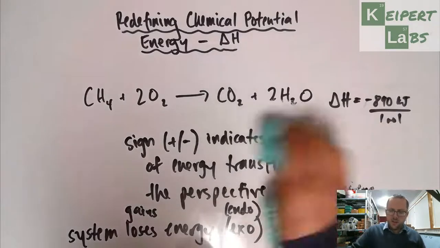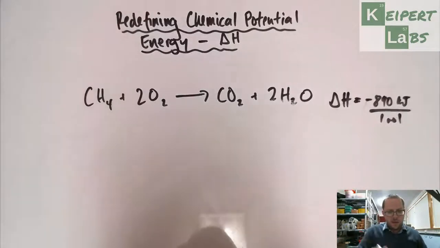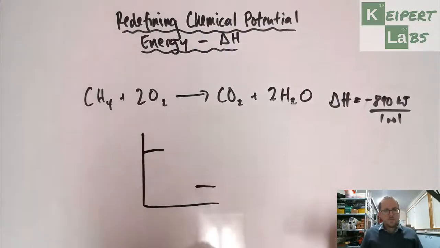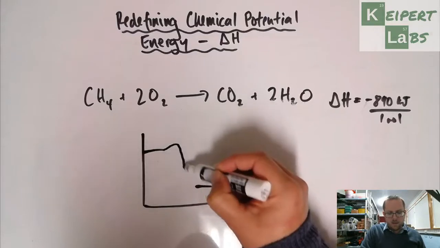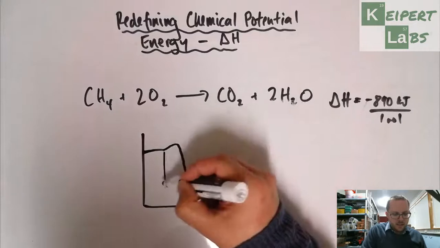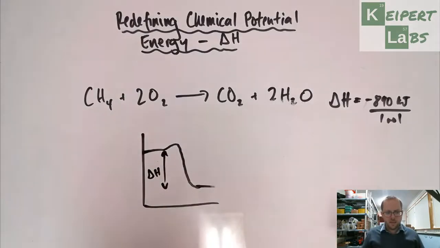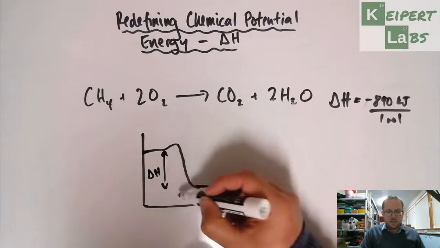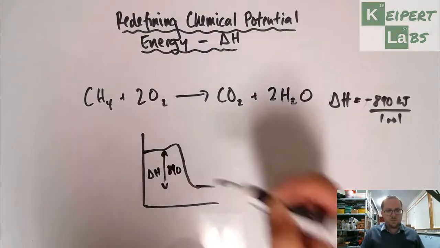Now, to show you how this connects with the other types of energy diagrams that other chemists would be more familiar with, one that looks like this, where we've got our starting energy, our finishing energy, and the path it takes to get there. This distance here corresponds to our change in enthalpy, our delta H, the difference from the starting stuff to the finishing stuff, which in this case would be 890 kilojoules.